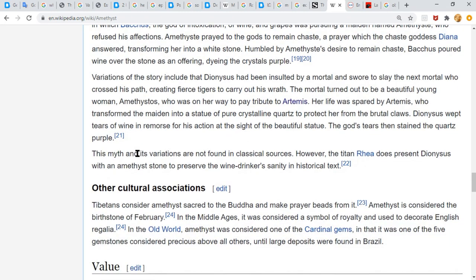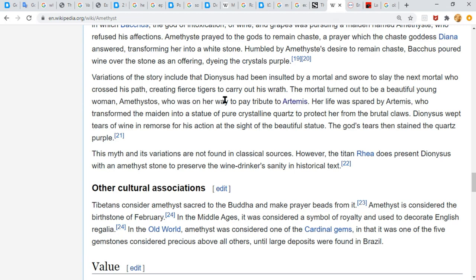But we see more here in this other story, in this variation. It was Dionysius, which is also associated with Horus and Jesus and everybody born on December 25th, had been insulted by a mortal, sworn to slay the next mortal who crossed his path.